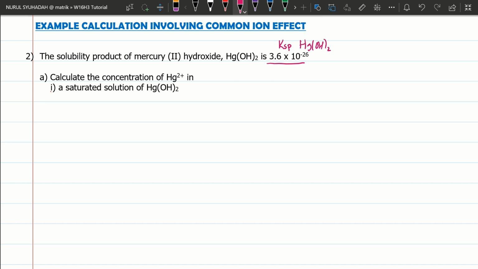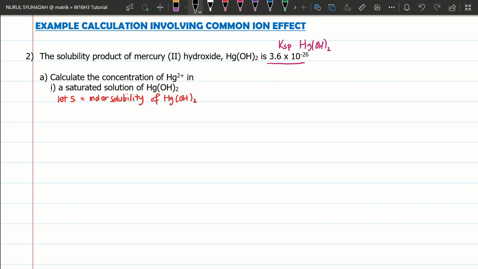Okay, mercury 2 hydroxide. So, to start this question, okay, apa yang kita akan tulis dulu? So we're going to start with, okay, let S sebagai molar solubility of Hg(OH)2.